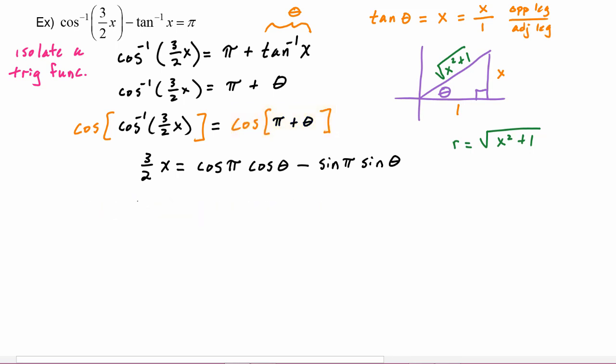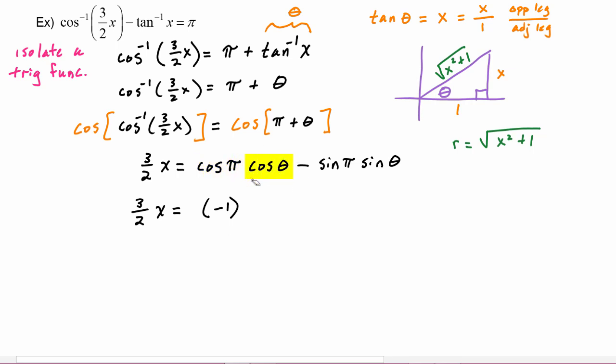The left-hand side stays the same, so 3/2 x equals. Now we're going to fill in all four of these values. We know that the cosine of pi is -1.